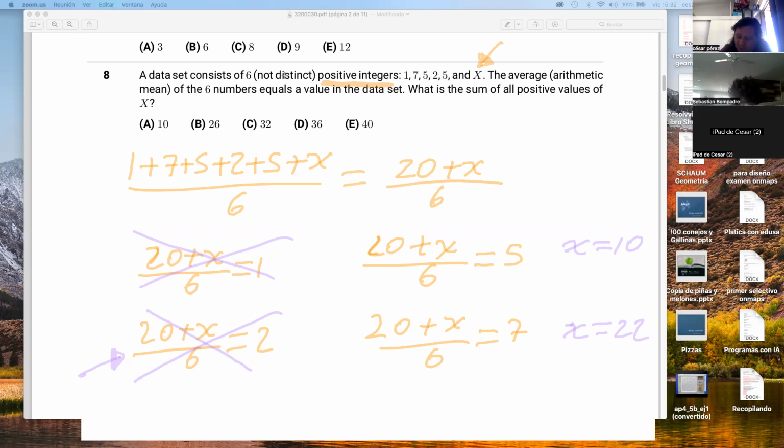We need to solve this one. 20 plus x over 6 equals x.